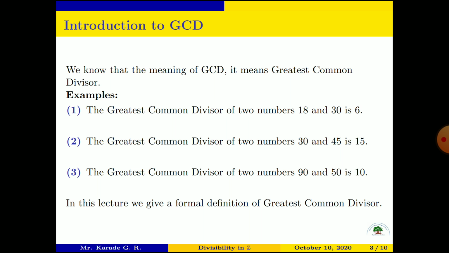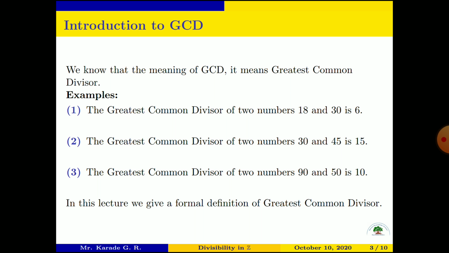First of all, find all divisors of 18. After that, find all divisors of 30, and among all the divisors of 18 and 30, we find the common divisors of 18 and 30.